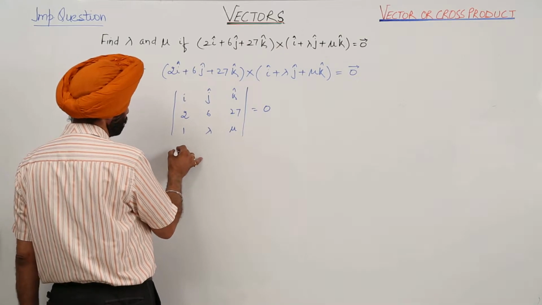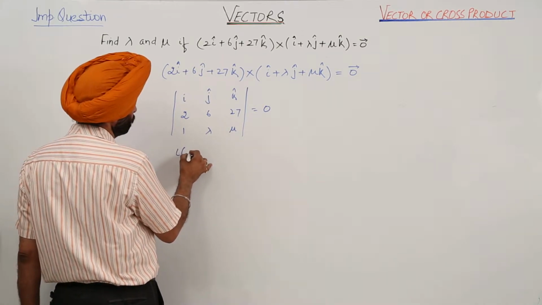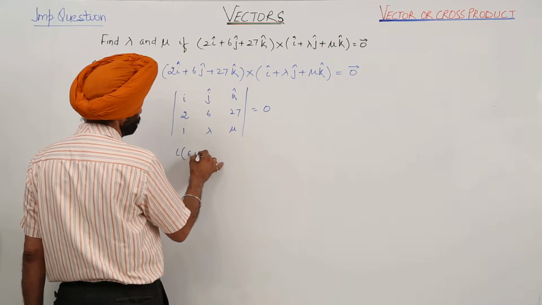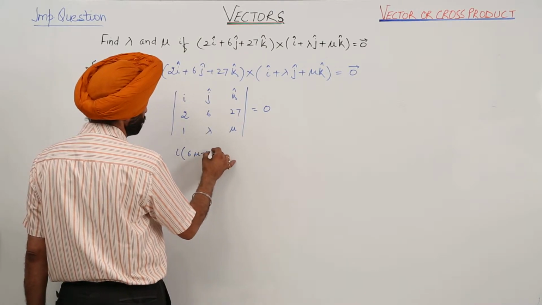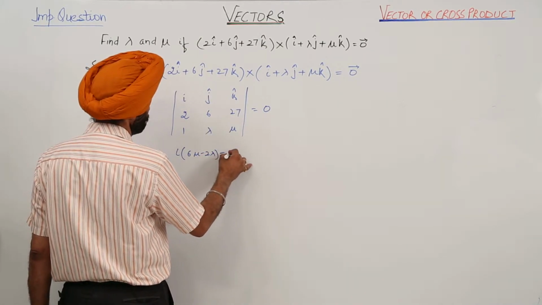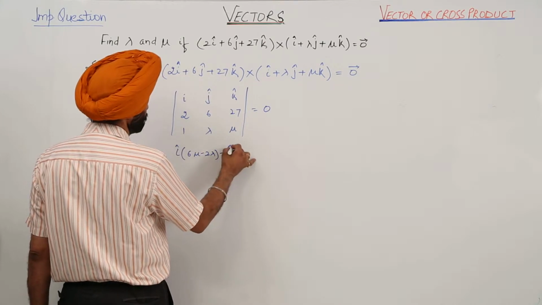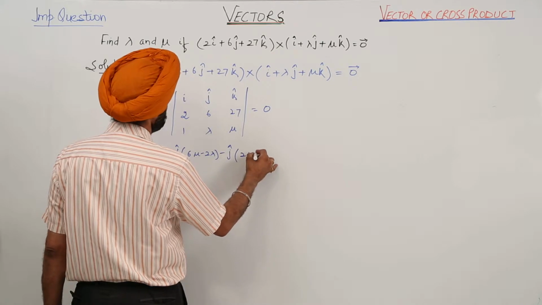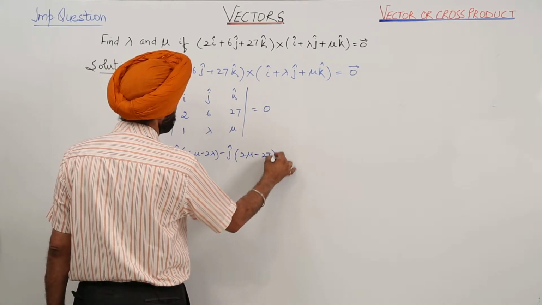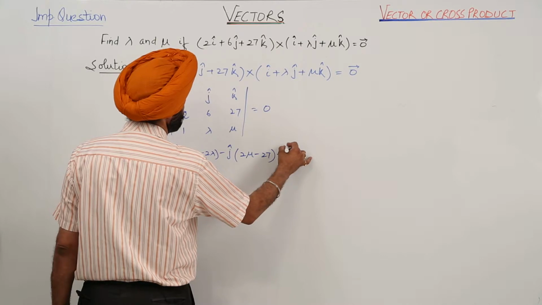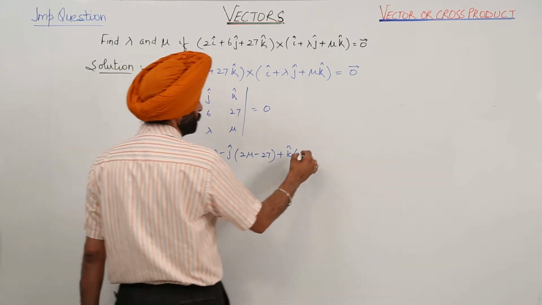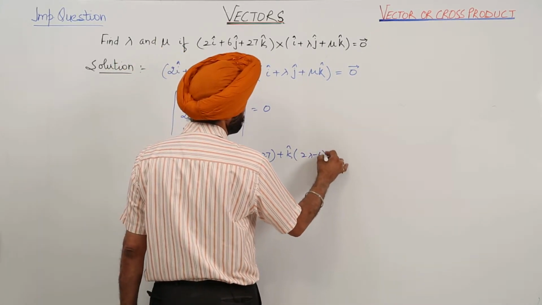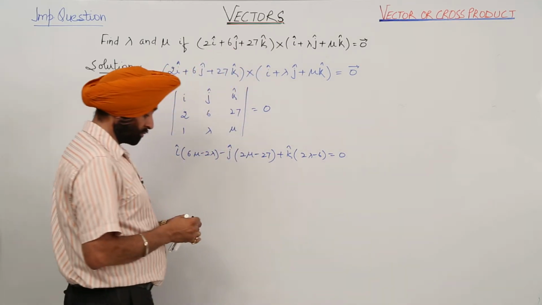Now expanding, i cap with 6 mu minus 27 lambda, minus j cap with 2 mu minus 27, plus k cap with 2 lambda minus 6 is equal to 0.